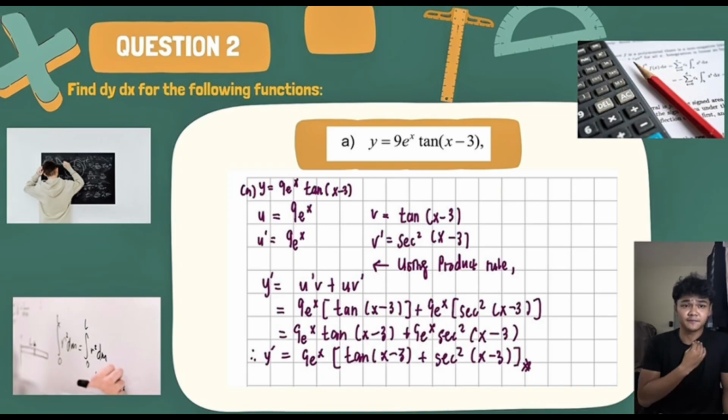So the answer will be 9e^x times ((x minus 3) plus sec squared (x minus 3)). That's the answer for question A.